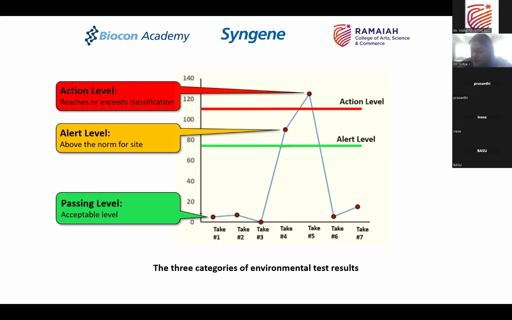You need to completely sterilize yourself, the gowns that you're wearing, and the complete area. Then the yellow one, approximately 90. If you have 90 colonies, it's an alert. You need to be careful. You can start preventing the contamination. The acceptable range is 0 or 1 colony. More than 90 colonies is an alarm, so you need to be careful and prevent the contamination.